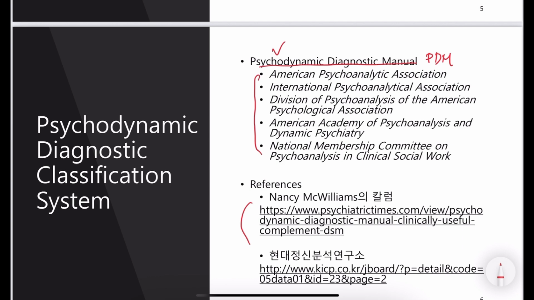One is an article by Nancy McWilliams, a leading figure in psychodynamic psychology, explaining why they felt the need to create the PDM and how it is useful compared to DSM or ICD. The other is the website of the 현대 정신분석 연구소, which introduces PDM and its use in psychotherapy in Korea. Please take a look at this if you are interested.